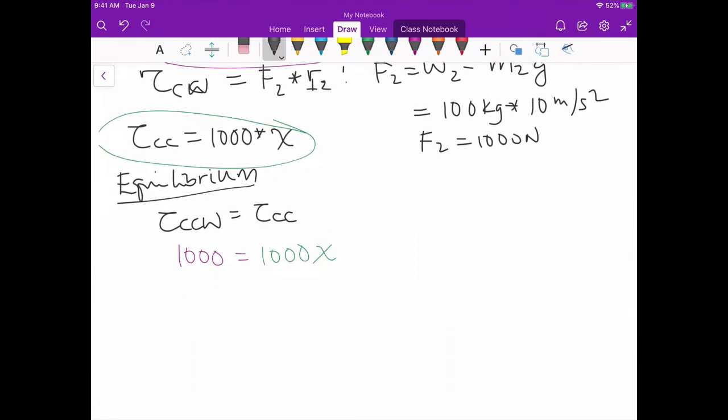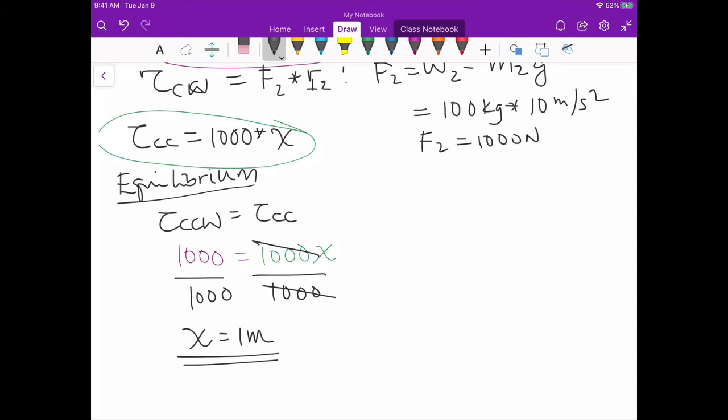Divide both sides by 1000, because the number right next to X is 1000. So X will be 1000 over 1000, which is 1 meter. Since we kept everything in SI units, our X value is going to be 1 meter.